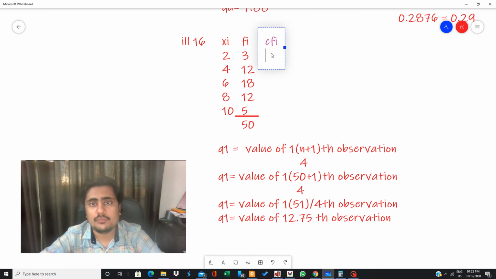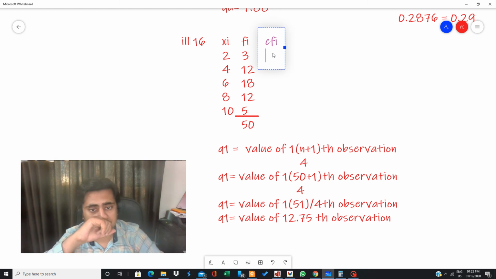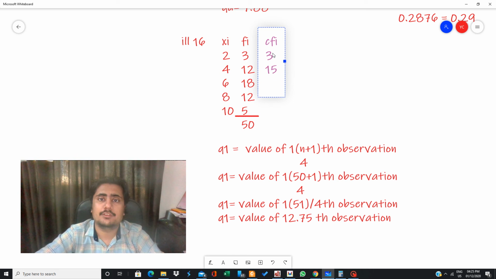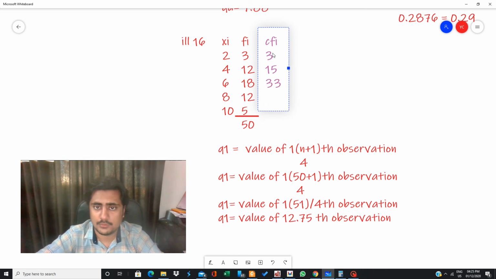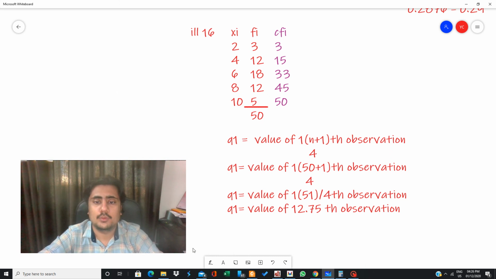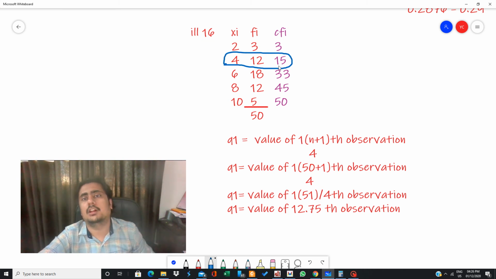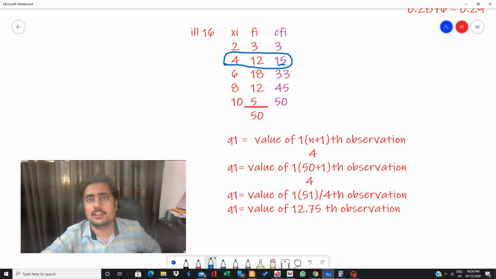Okay, we used to find Q1, Q3. We had done this in the third chapter also. So when fi is given, you have to find the CFi. Okay, so this is your CFi. Now if you want to find 12.75, where will this 12.75 be? This 12.75 will be in this particular row, because after 3, 15 will be found in this CFi.